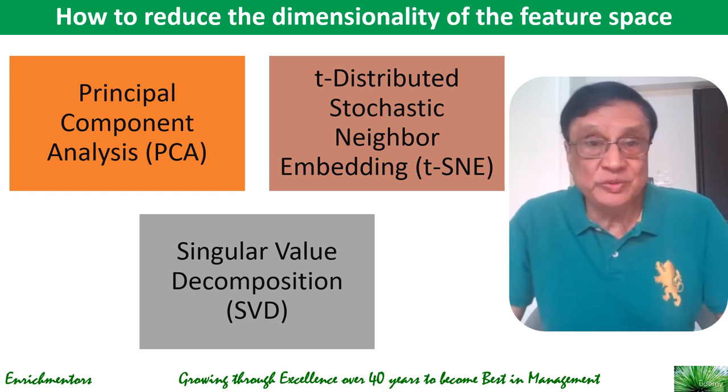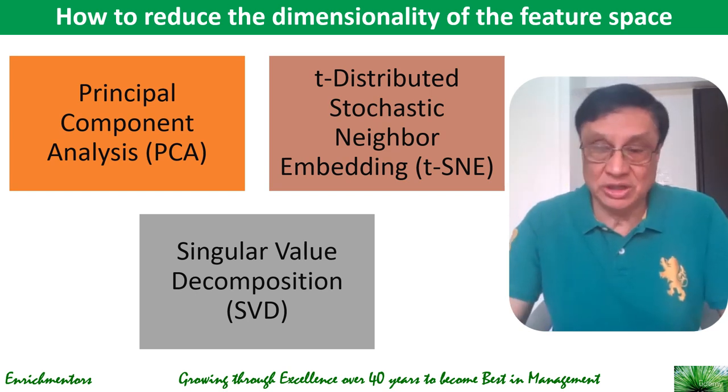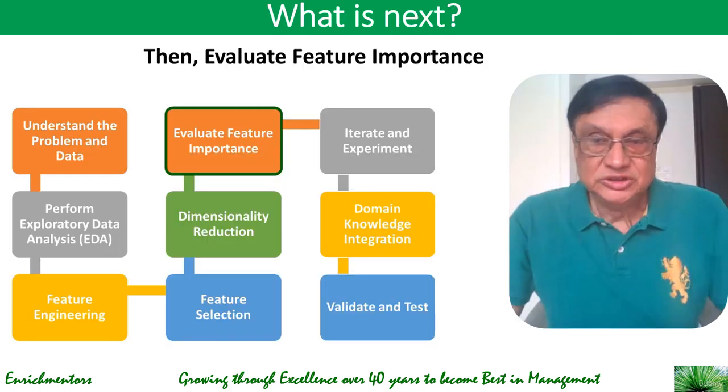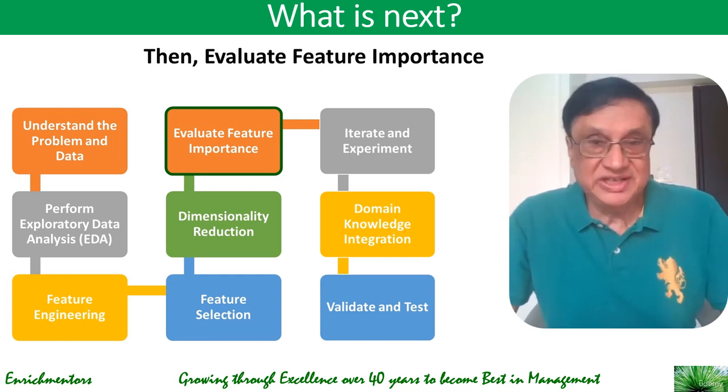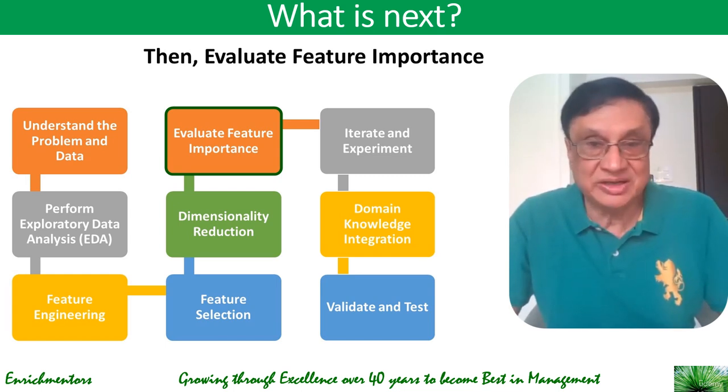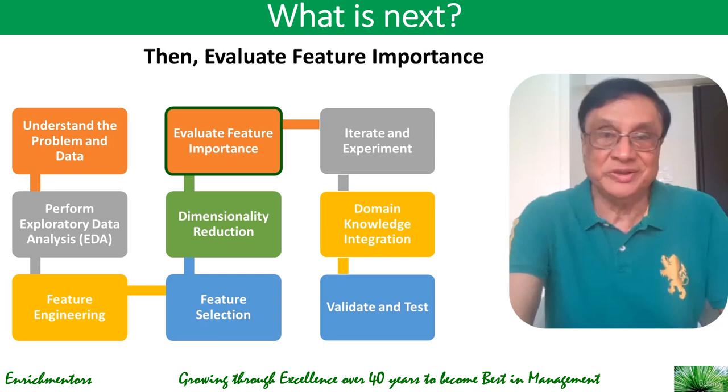It is to improve the efficiency and effectiveness of your machine learning model. So what do we do next? We come back to evaluating the feature importance, and we will see how it is different from the feature importance that we did earlier. This is after we have done the dimensionality reduction for optimal model performance.